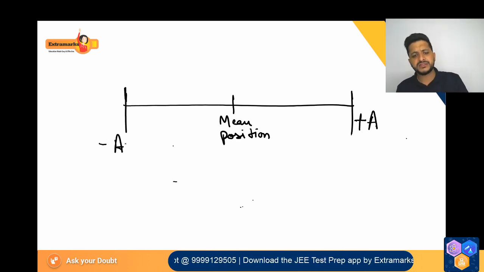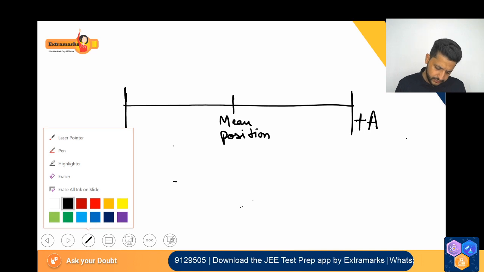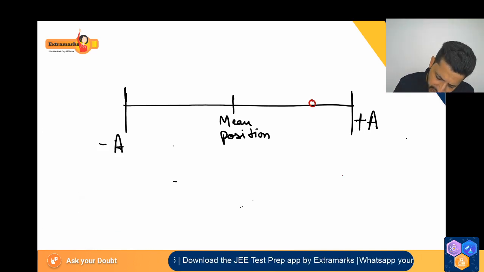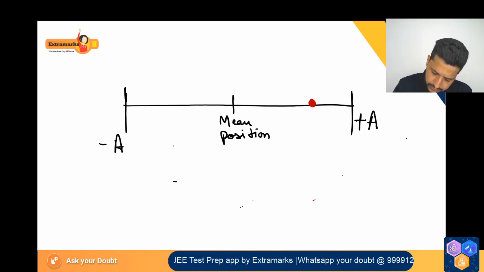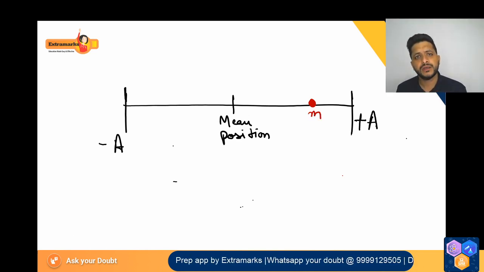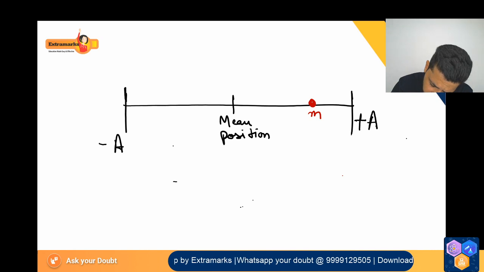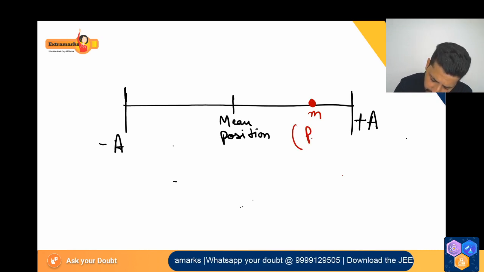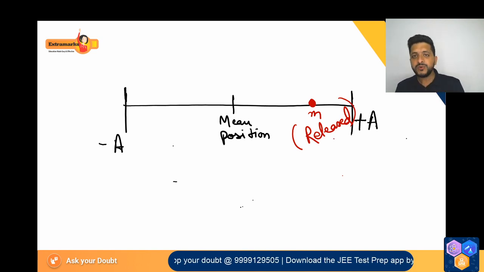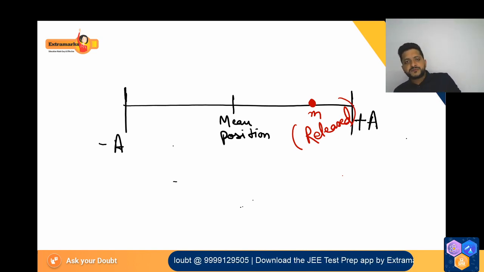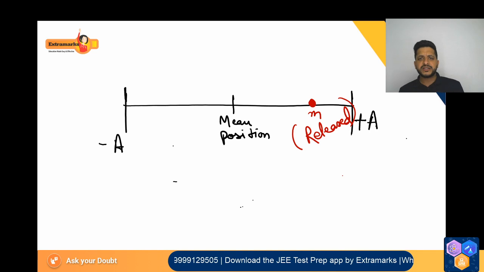I'll call it minus a. And any particle P having mass m, if it is released from this position, it is what? Released. Why am I using the word release? I just take this particle from my pocket and place it at this point M.